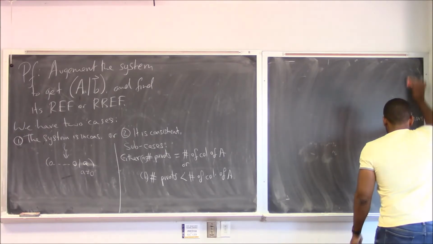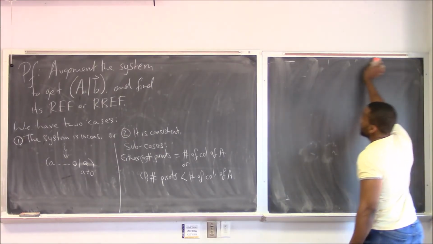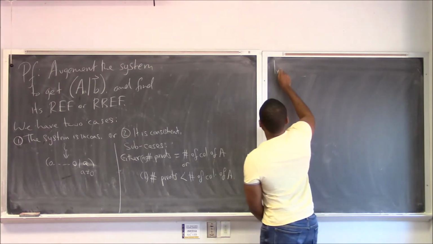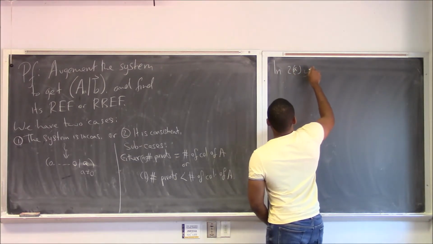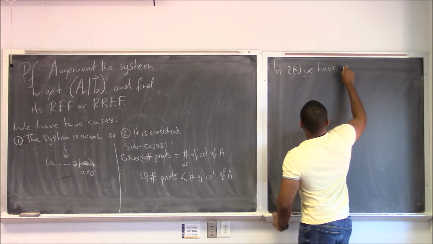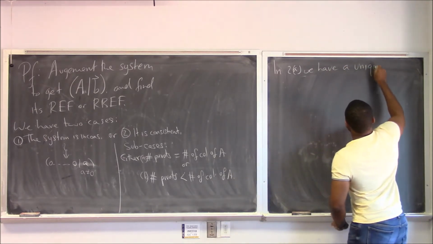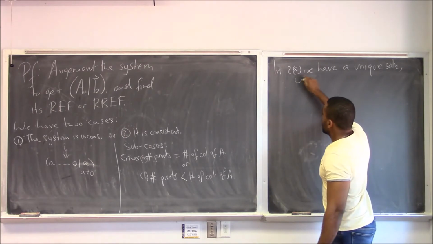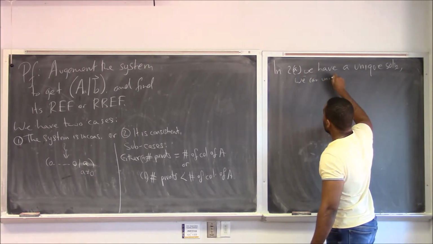So our focus was to focus on the pivots, the guys that are leading each row, the leading ones. In 2A, we have a unique solution. We can uniquely solve for each variable.